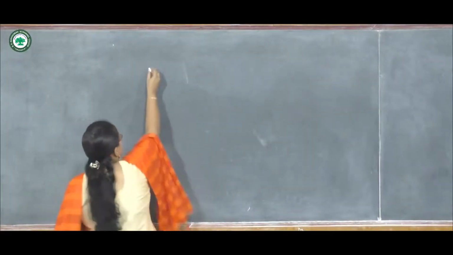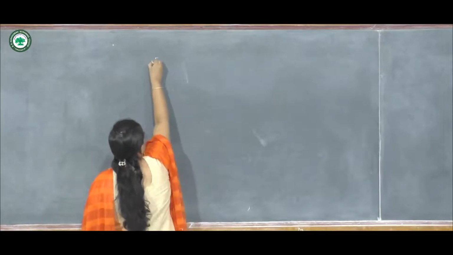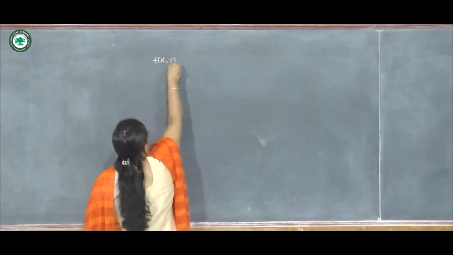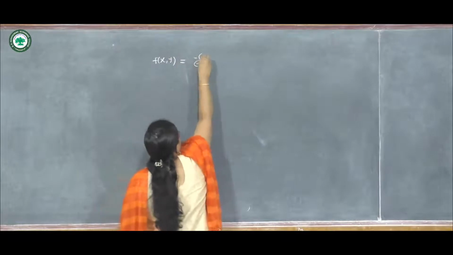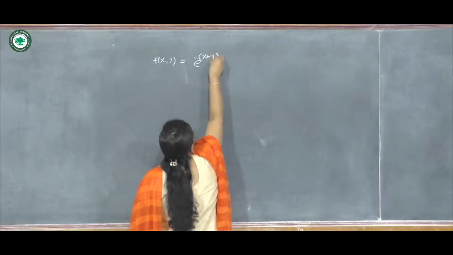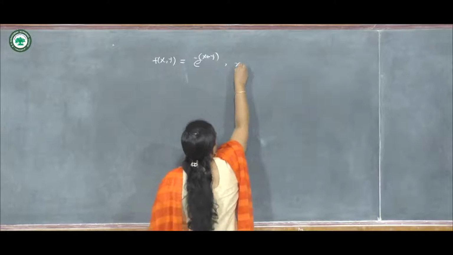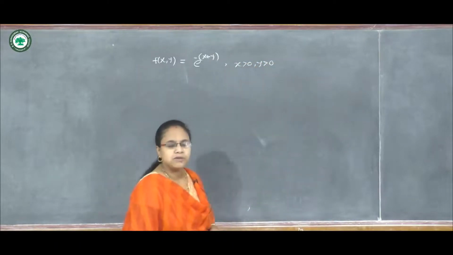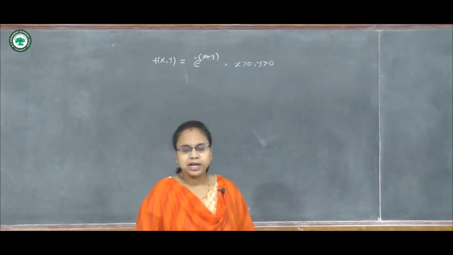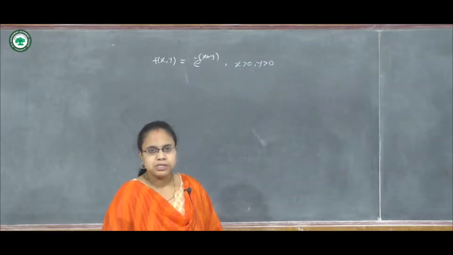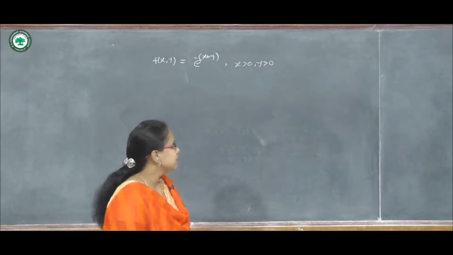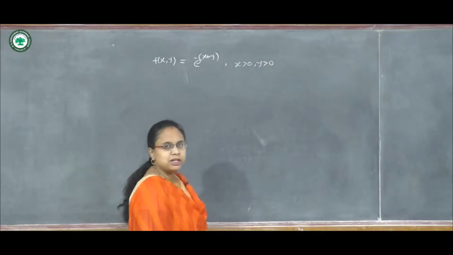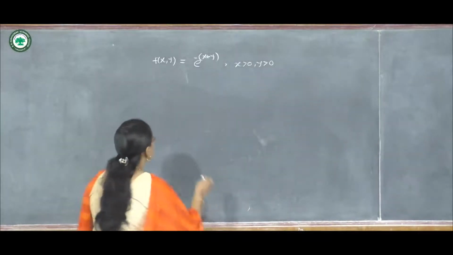Suppose we are given that (X, Y) is a bivariate random variable having the PDF shown. This is the given PDF, and we want to check whether the random variables X and Y are independent, so we will first calculate their marginal PDFs.